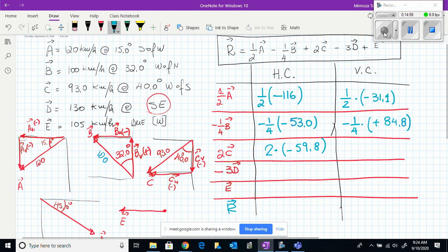And then the vertical component is the adjacent, so we'll be using cosine: 93 times cosine 40. And this will be 2 times negative 71.2. I hope that this is clear.